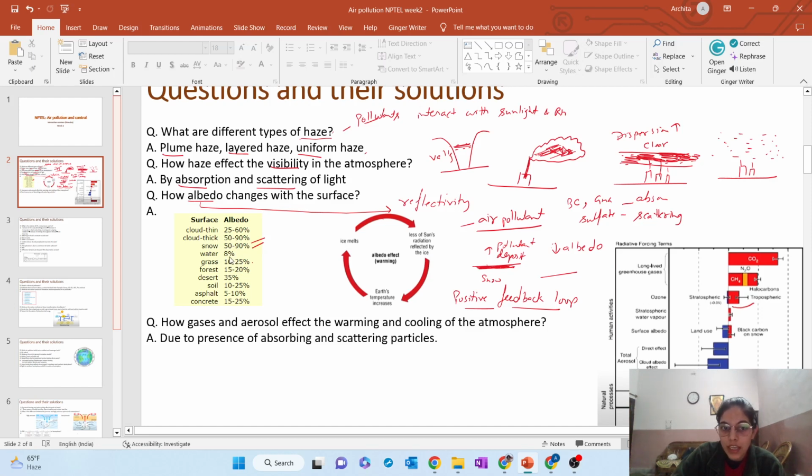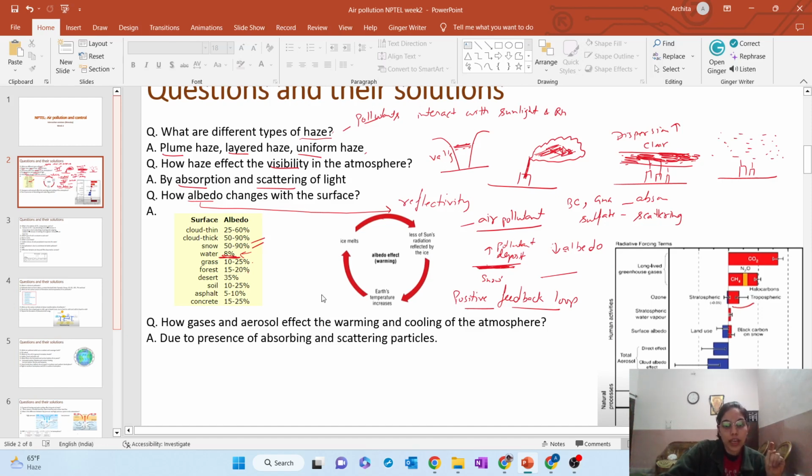So if on a water surface there is snow with very high reflectivity, and now black carbon is deposited on that snow, its albedo decreases, its reflectivity decreases, it starts melting, and then we go towards the water, which has a lower reflectivity. So it creates this positive feedback loop.